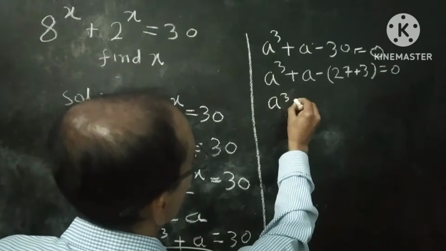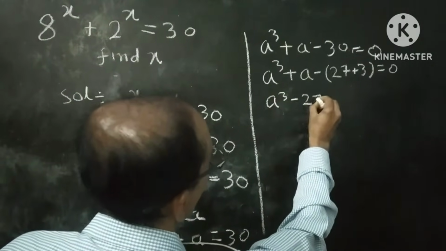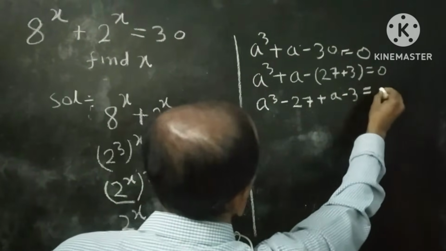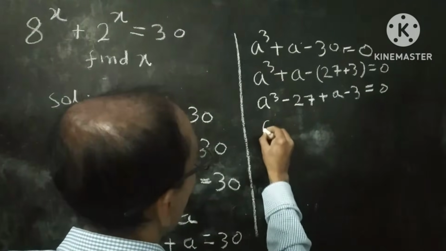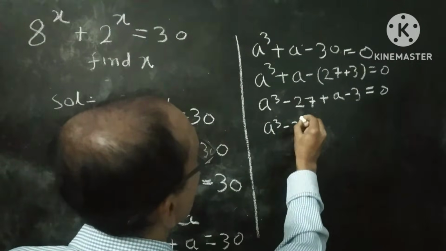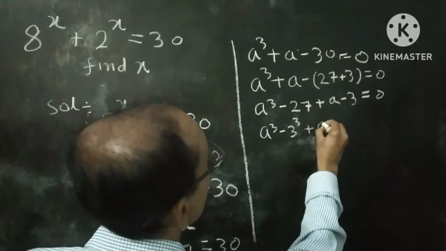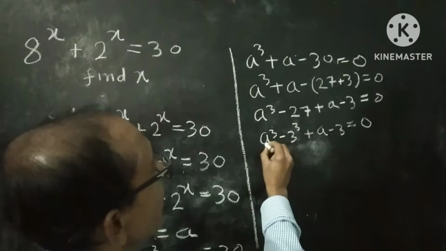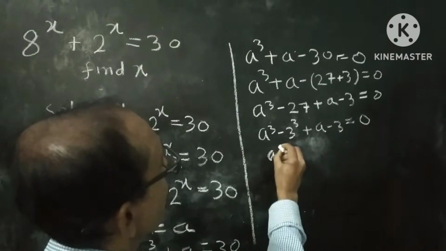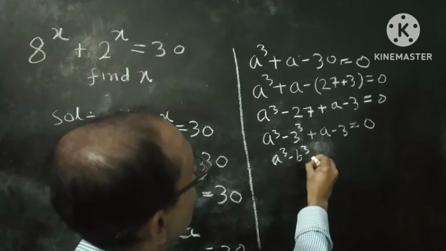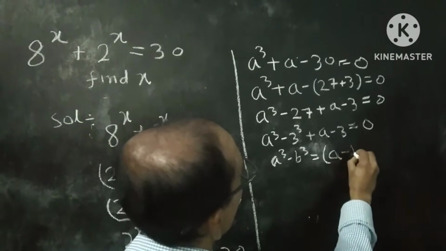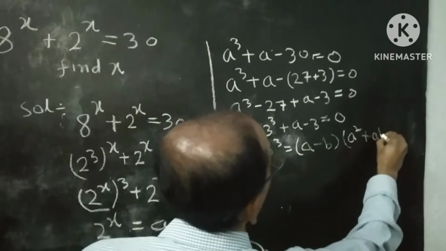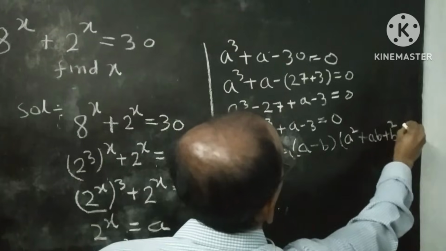A cube minus 27 plus a minus 3 equal to 0, or a cube minus 3 to the power 3 plus a minus 3 equal to 0. Now the a cube minus b cube formula: we know that a cube minus b cube equal to (a minus b)(a square plus ab plus b square).